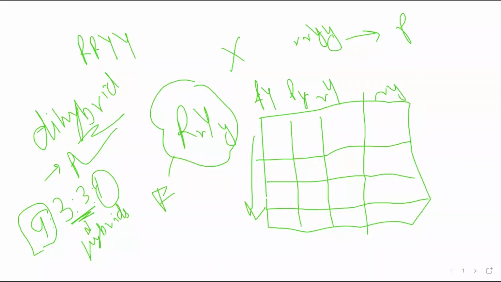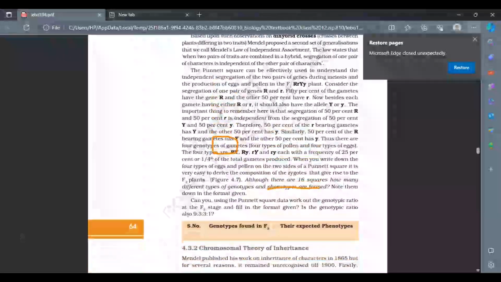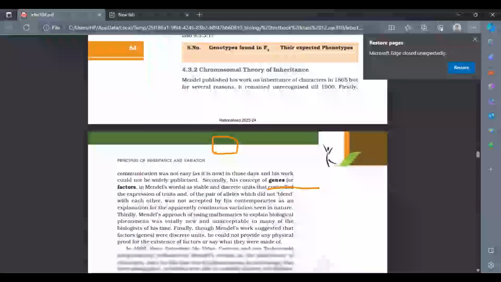This ratio is 9 is to 3 is to 3 is to 1. Again, you will have the same thing, that the hybrid processes are there, and that is how you receive the hybrid characters.